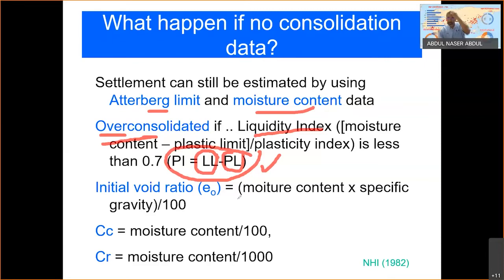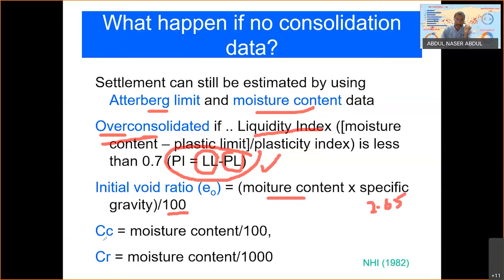The void ratio is usually moisture content multiplied by specific gravity and divided by 100, right? Specific gravity doesn't range very much. It's usually in the range of 2.65 to 2.7. So very small. So the void ratio you can get from moisture content.